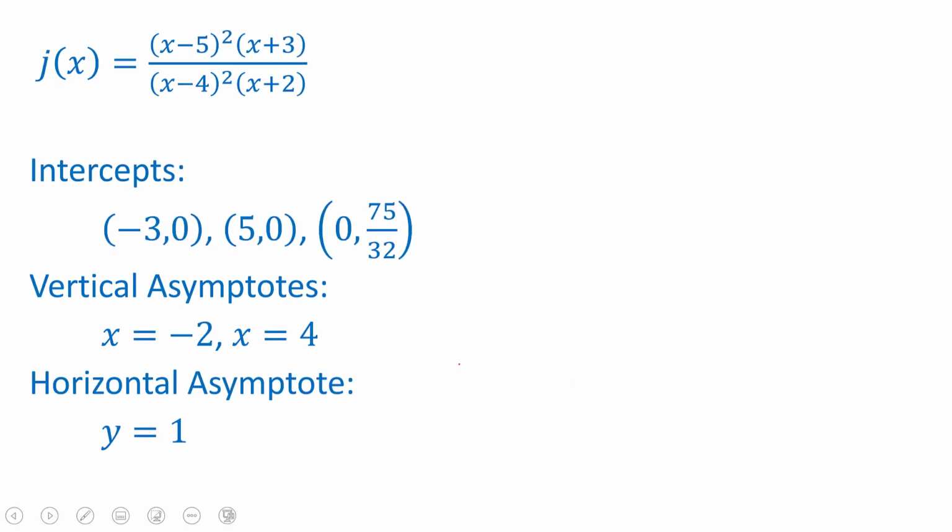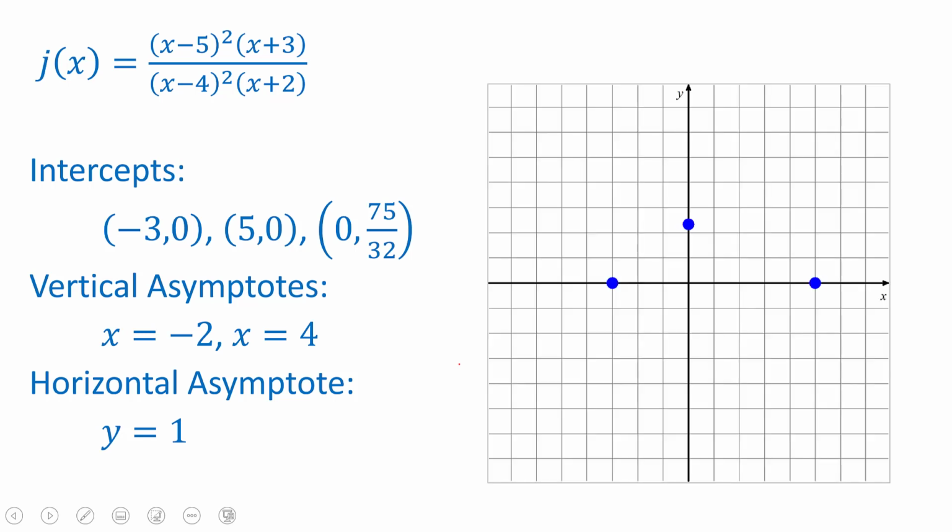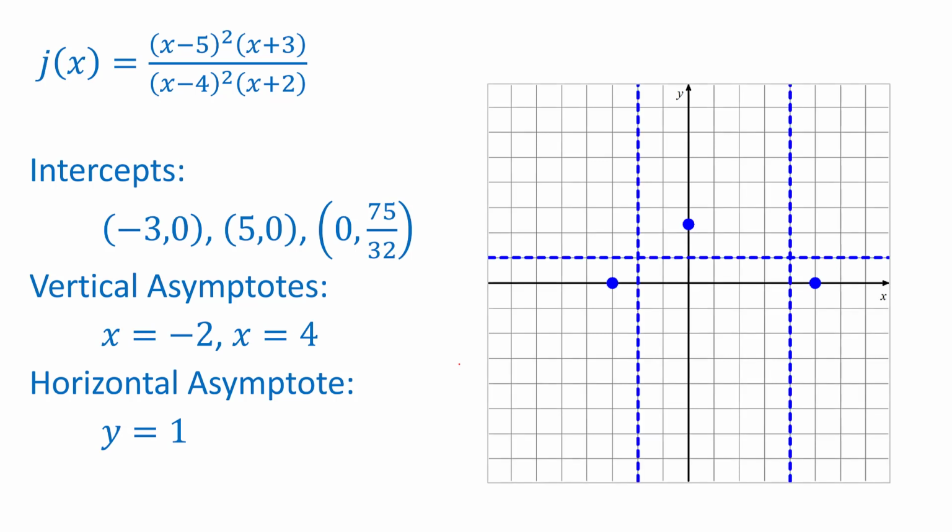All right, moving on to graphing. We plot the intercepts, (negative 3, 0), (5, 0), and (0, 75 over 32). We plot the vertical asymptotes, x equals negative 2, x equals 4, and the horizontal asymptote, y equals 1.